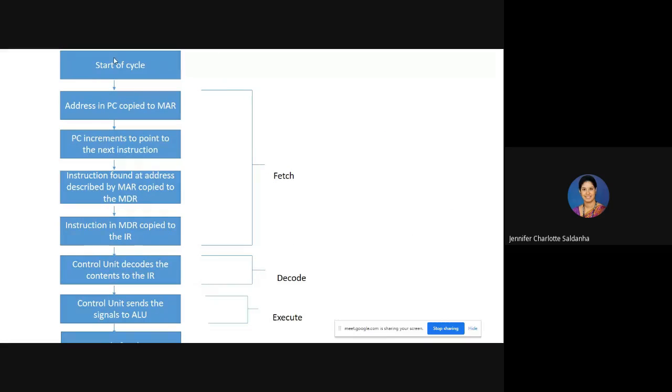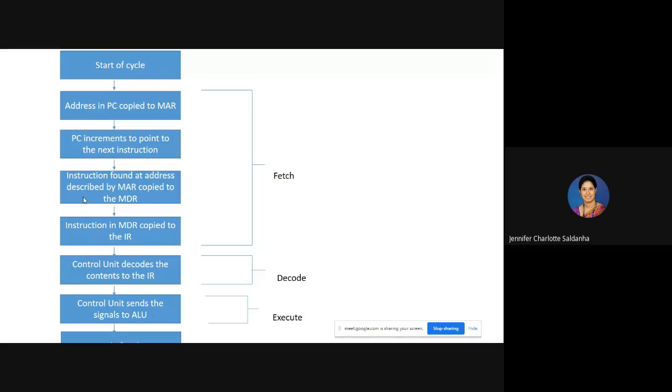So a flow chart which tells you fetch, decode and execute steps of an instruction. So start of a cycle, address in the program counter is copied to MAR first. Then program counter increments to point to the next instruction.